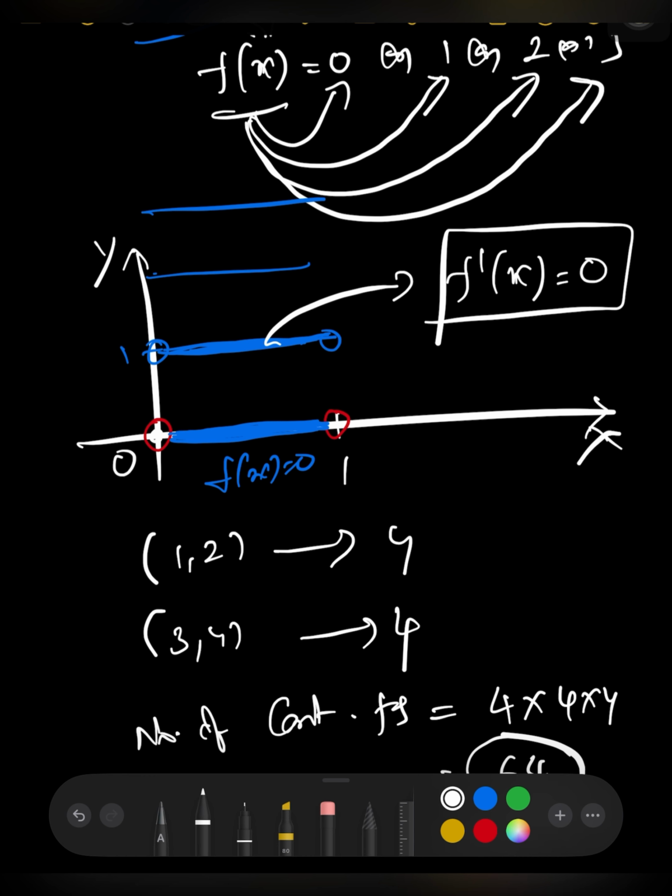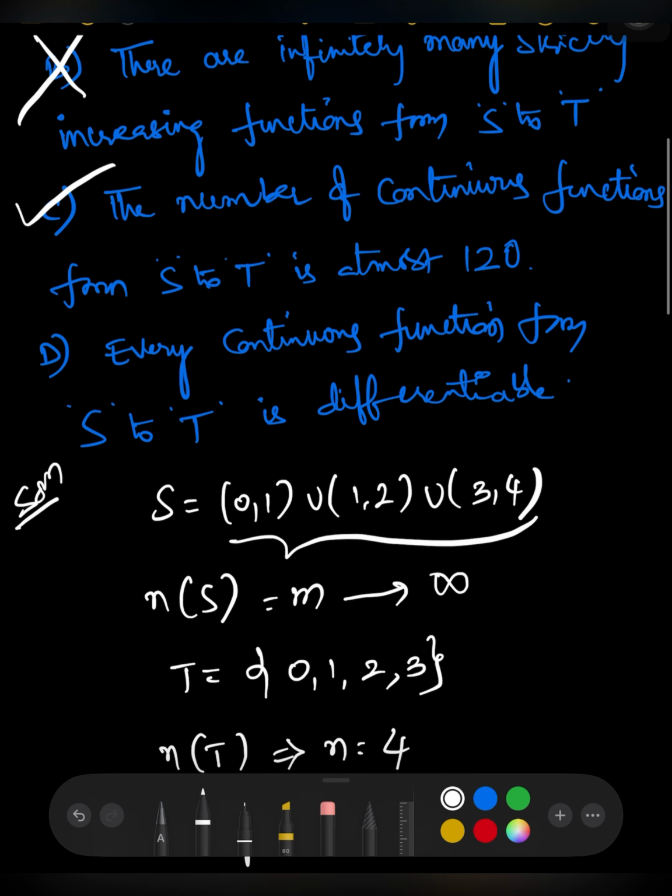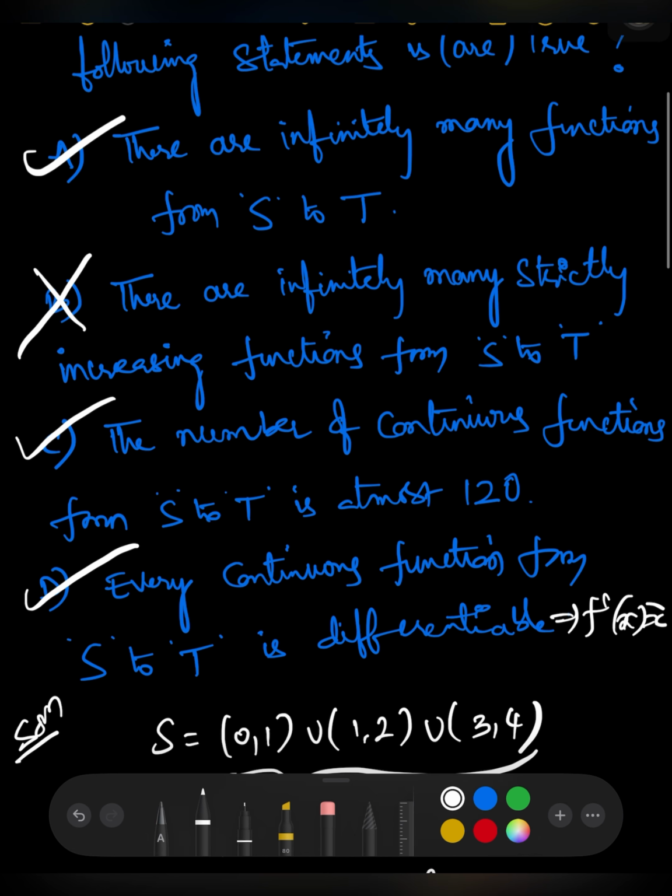In case of a horizontal line, the slope is 0, means f dash of x equals 0. Based on that, every continuous function from S to T is clearly differentiable and the derivative is equal to 0. Whatever the continuous function in the interval, f dash of x is clearly equal to 0. So option D is wrong. Now the correct answers are A, C, D.